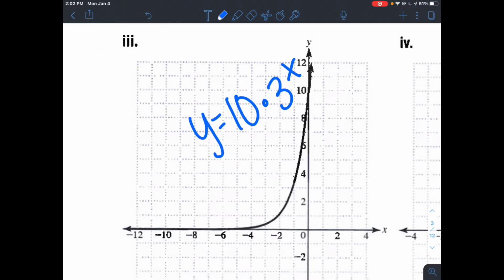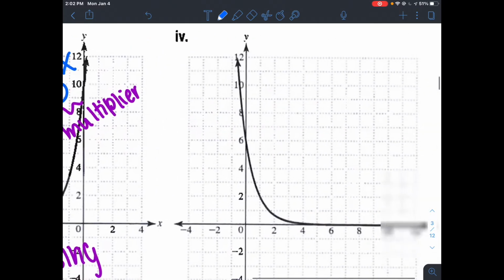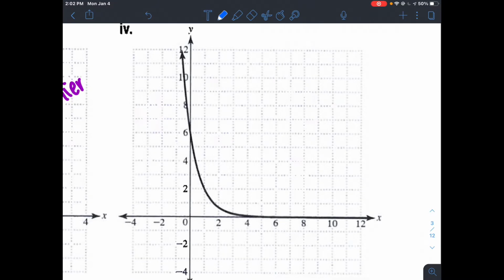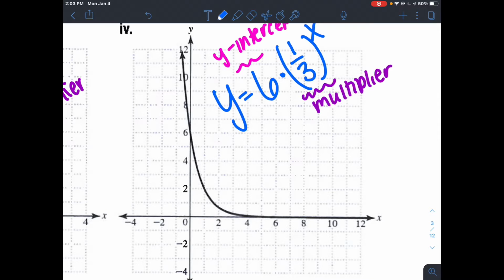So for this one, the function is y equals 10 times 3 to the x power. Why is that? Well, 10 is my y-intercept, and to get from one x value to the next x value, I'm multiplying by 3, and my function is increasing. The last one, my function is y equals 6 times 1/3 to the power x, where 6 is my y-intercept, and my multiplier is 1/3.